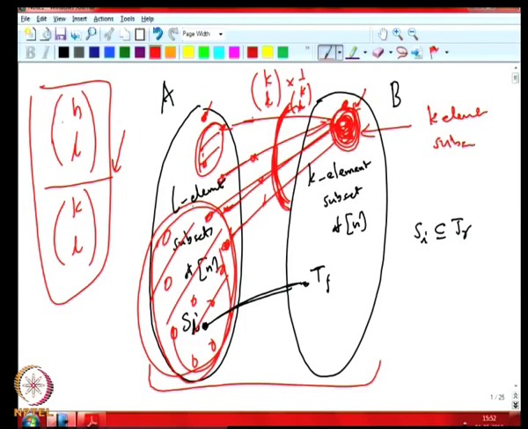So what we want is, if you consider the k element subsets, we list down the k element subsets, right, for each of them. So we want a representative set such that every k element subset has a representative in our L element set. For instance, if it was committees we were talking about, the k member committee is formed, so we should have at least L members in the committee, right.